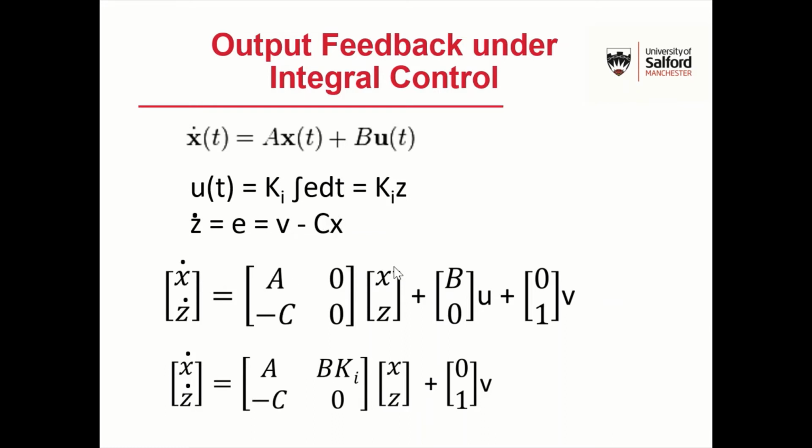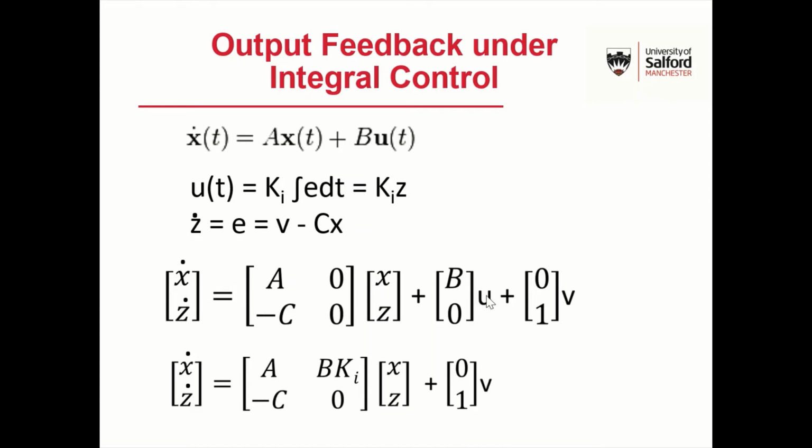So we get x dot is Ax plus Bu, and Z dot is V minus Cx. That's this times this. So this time the state space has grown by 1, and these are the open loop state space equations.